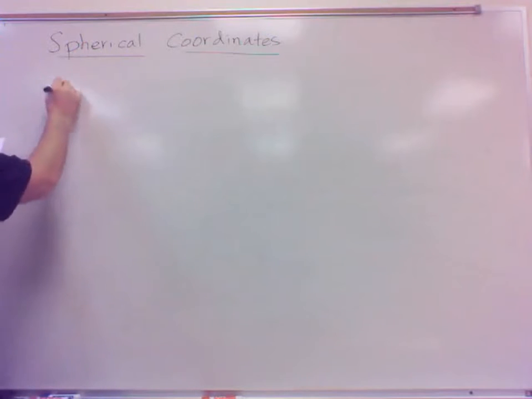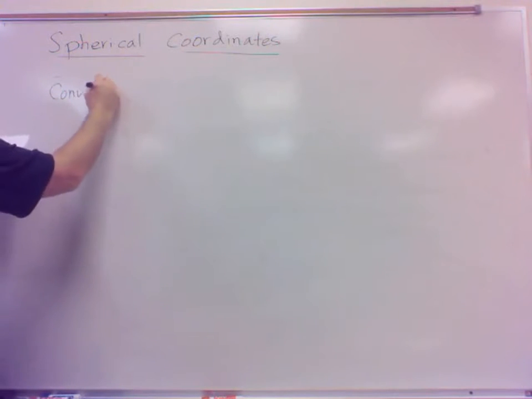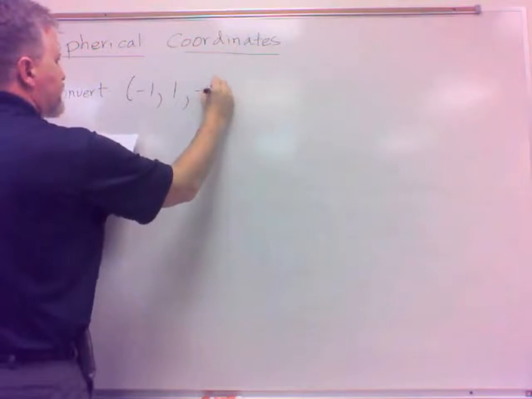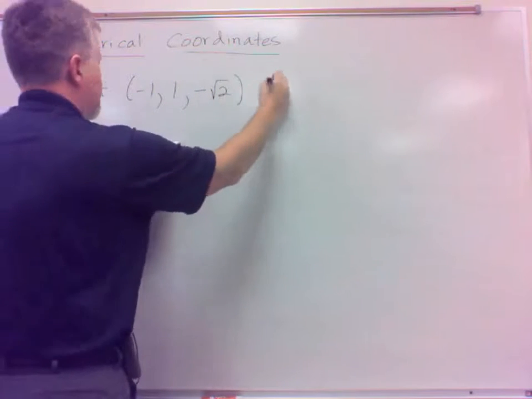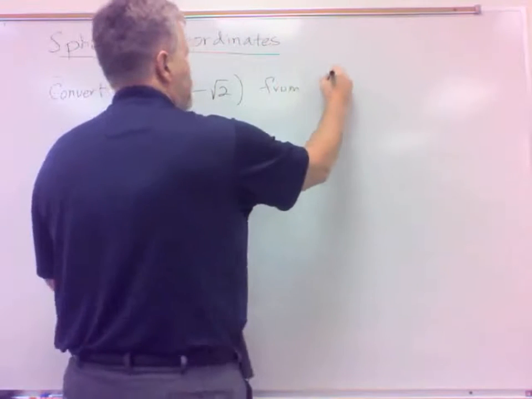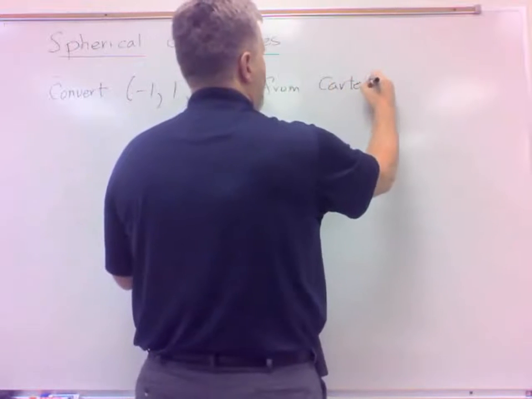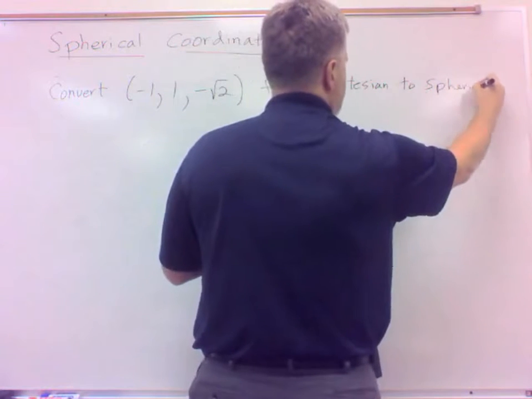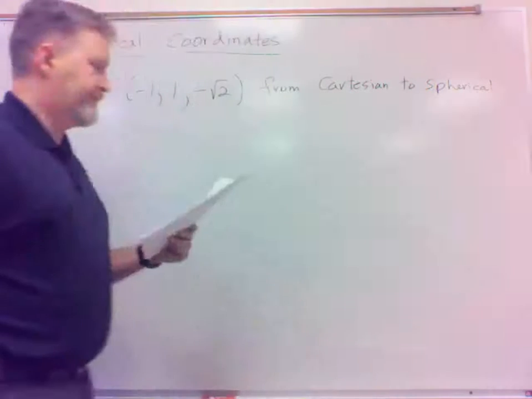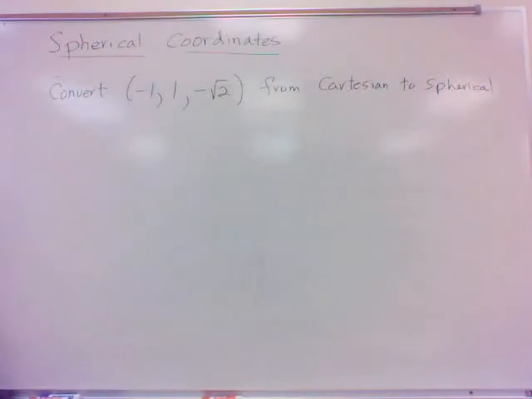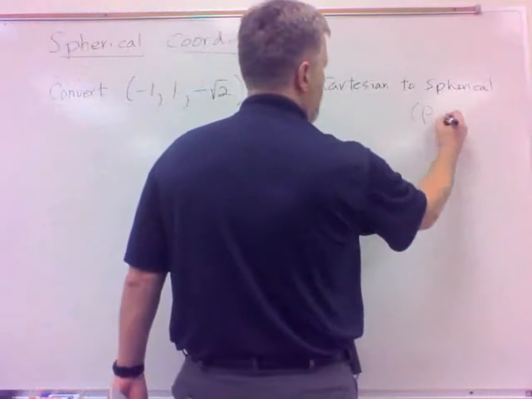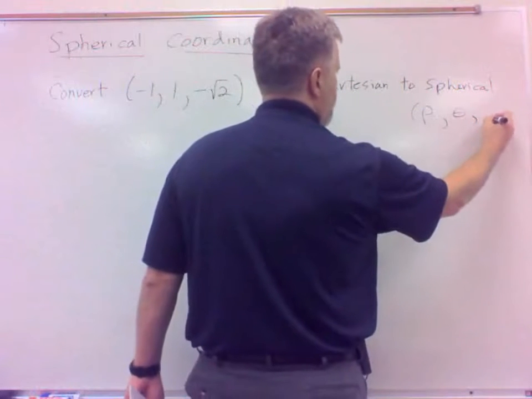Okay, so let's convert negative 1, 1, negative square root of 2 from Cartesian to spherical. Go the other way here. Okay, so we want a rho, theta, and phi.